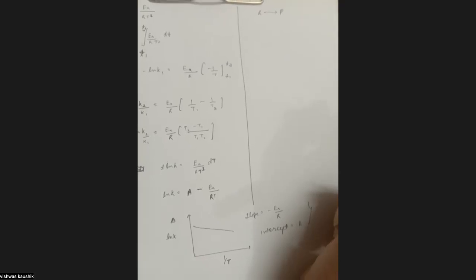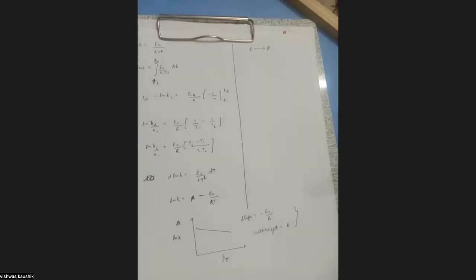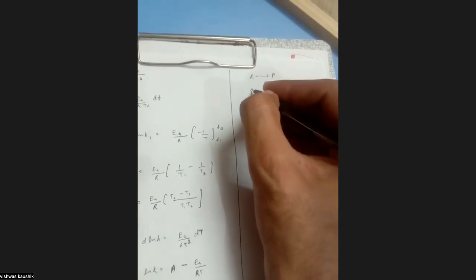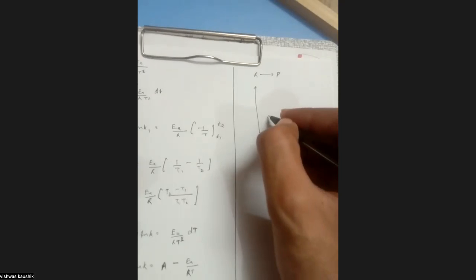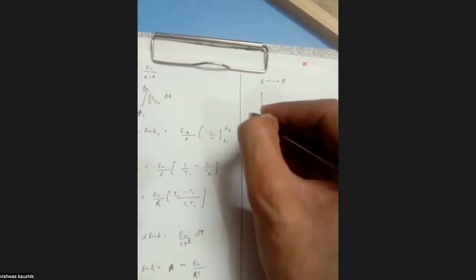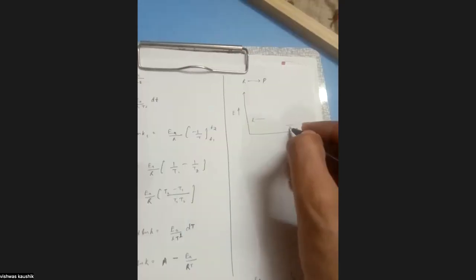What is the relation between catalysis and activation energy, Arrhenius equation? A catalyst changes the activation energy. For example, a reaction proceeds from reactant to product on an energy diagram. Without catalyst, the reaction proceeds like this, and this is the activation energy.